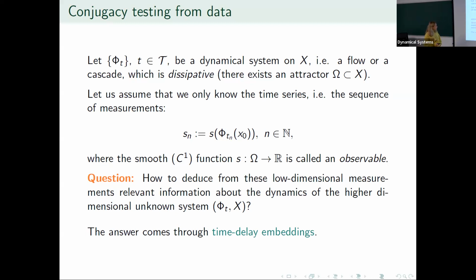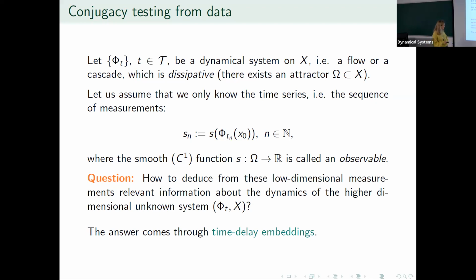It has been of interest for at least the last couple of decades how to deduce some information about the original high-dimensional system from these measurements, often measurements of just a single quantity.